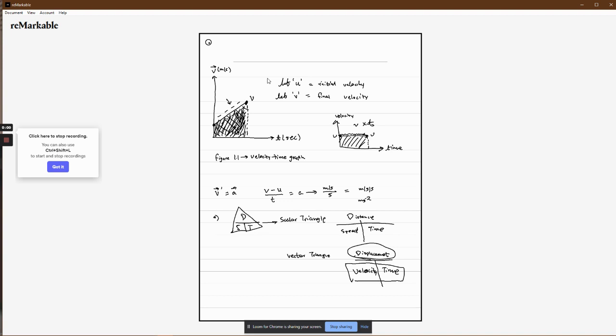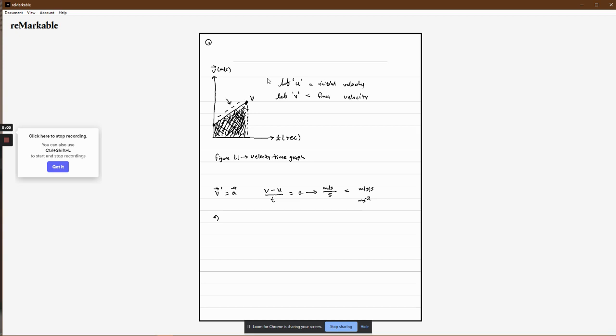It's going to be v times time. In the case of the trapezium here, since it has a slant, it's going to turn out differently because it's a different shape. The area is going to have a different formula. So I'm going to rub this out. Now we know the reason why the area under the curve is displacement in a velocity time graph.